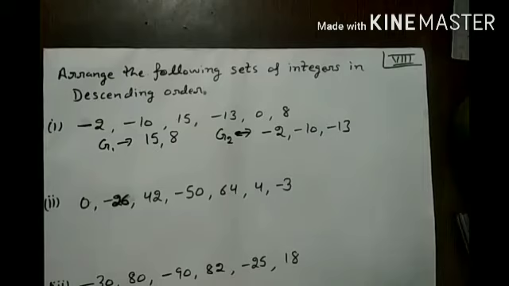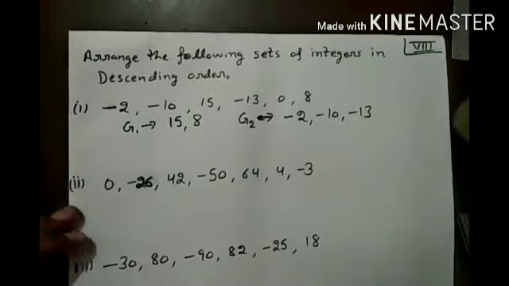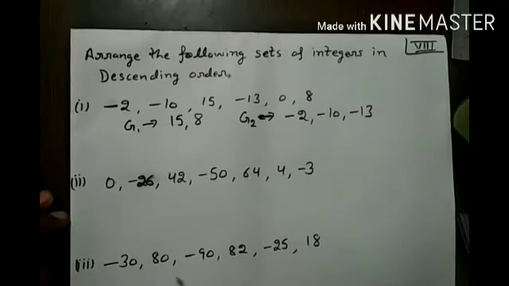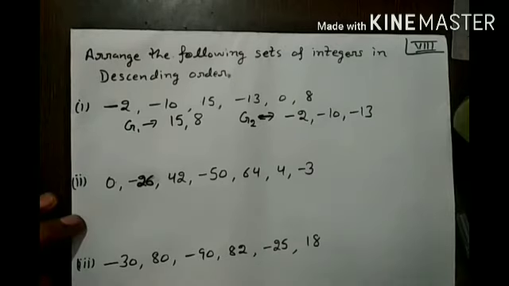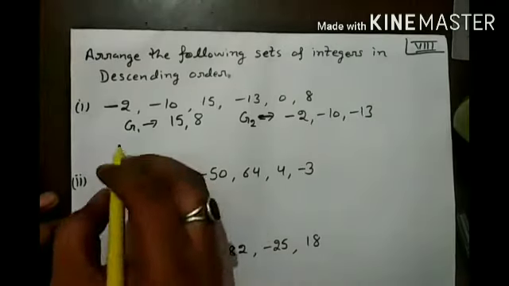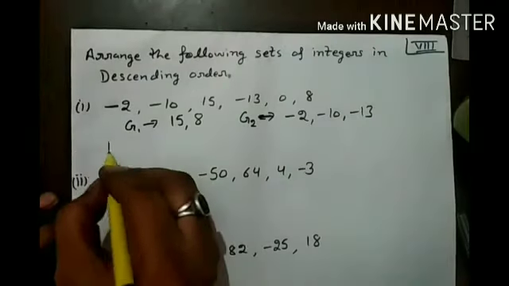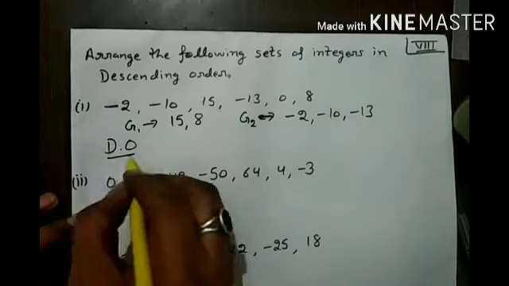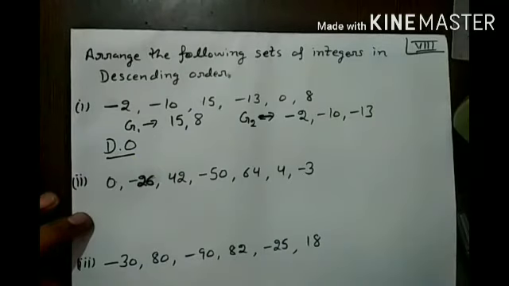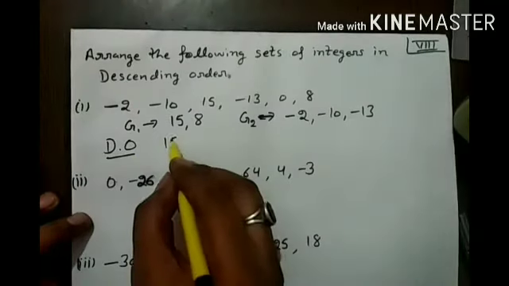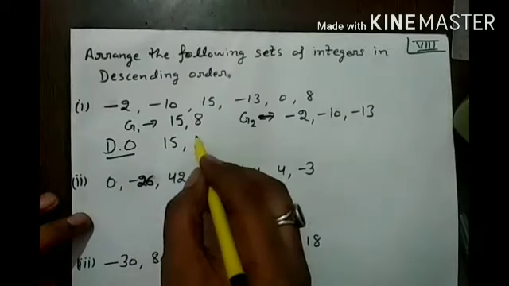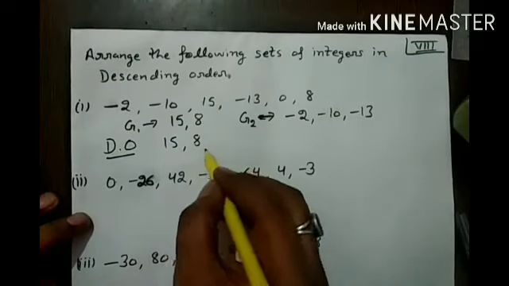So we know that the group 1 integers, those are positive, are greater. So firstly I will consider group 1 and write the greatest number from group 1 at the first place. To write the descending order, I will write it short as DO. So the first number is 15. After that 18.